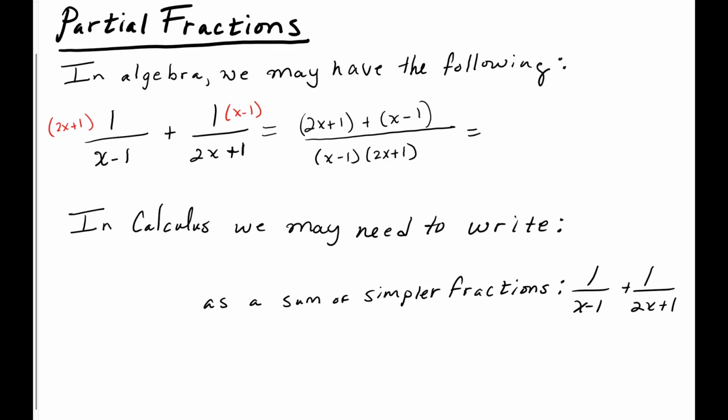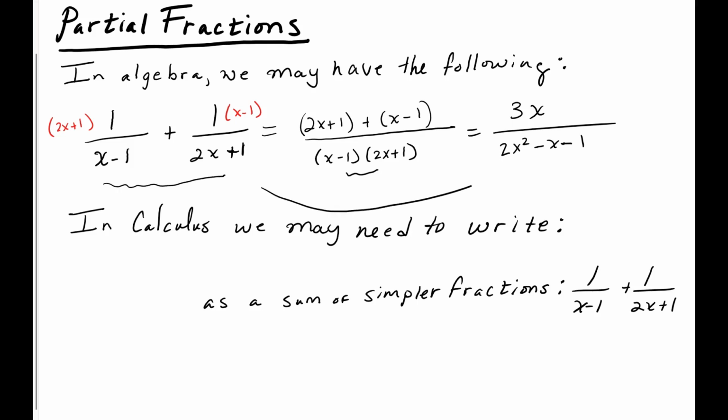You combine like terms and you get 3x over, multiplying this out quickly in my head, 2x squared minus x minus 1. Okay, so these two fractions work out to be this. All right, that's algebra for you.